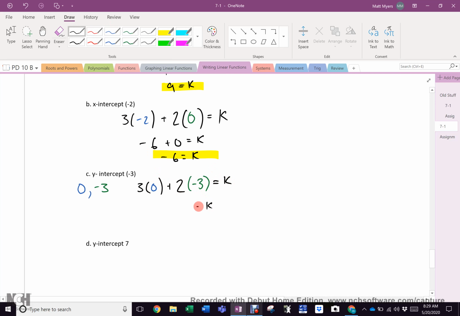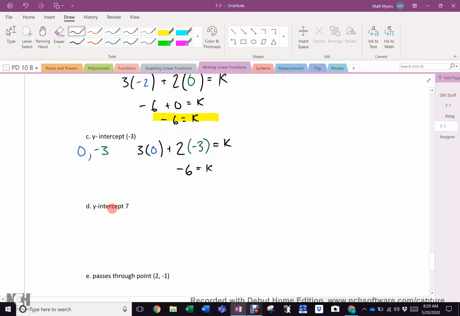So k equals -6. Y-intercept is 7. 0, 7. 3 times 0 plus 2 times 7 equals k. So k equals 14.